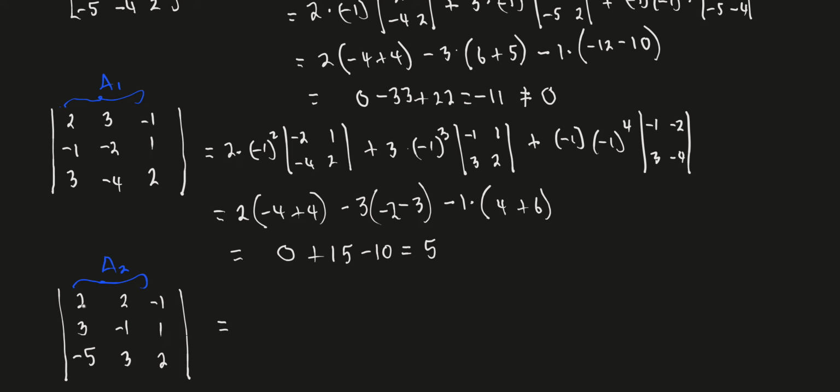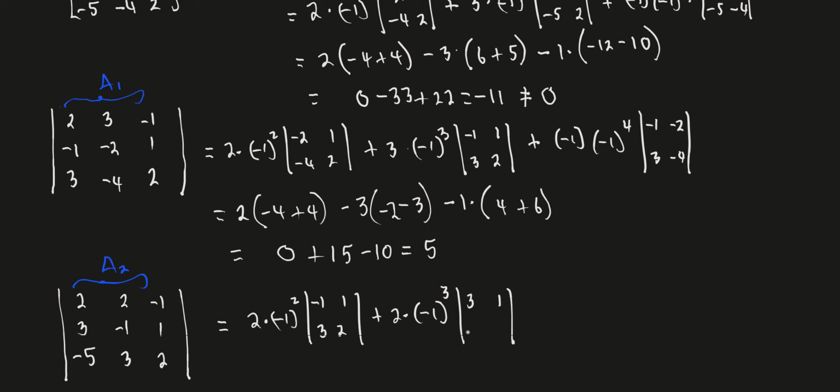All right, so we're going to have 2 times -1 squared. Now that minor is -1, 1, 3, 2. And then plus 2 times -1 to the 3rd power, and that minor is 3, 1, -5, 2.